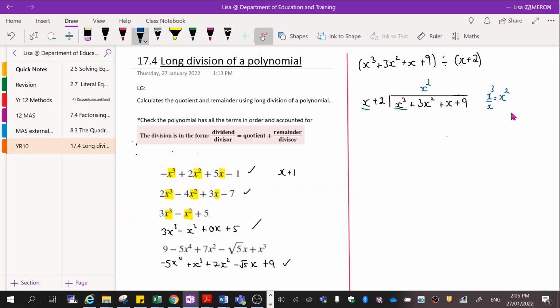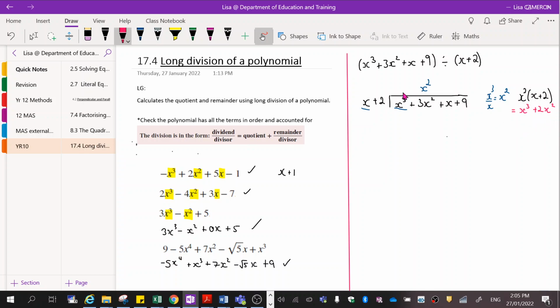Okay, so the next thing that we need to do is now I know that if that was multiplying this, what would I have to take away from this expression? So it's going to become this x squared multiplied by x plus 2, which is going to equal x squared times x is going to be x cubed, x squared times 2 is going to be plus 2x squared.